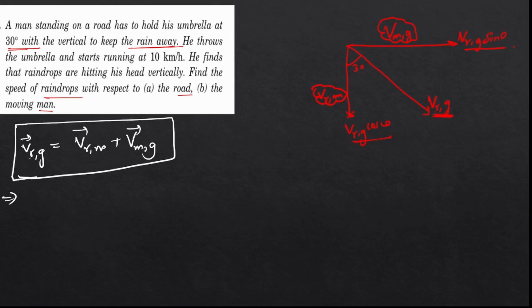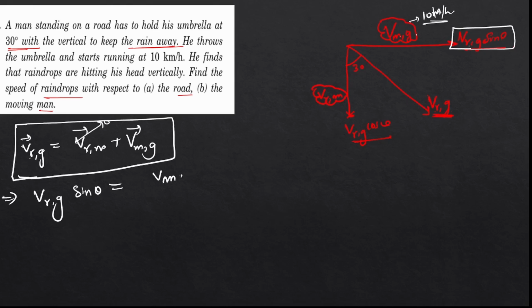We have been given the velocity of man with respect to ground, which is 10 kilometer per hour, and it should be equal to the sine component of the velocity of rain with respect to ground. So that means the sine component of the velocity of rain with respect to ground is equal to the velocity of man with respect to ground. And velocity of rain with respect to man in this direction has zero component, so it would be zero.